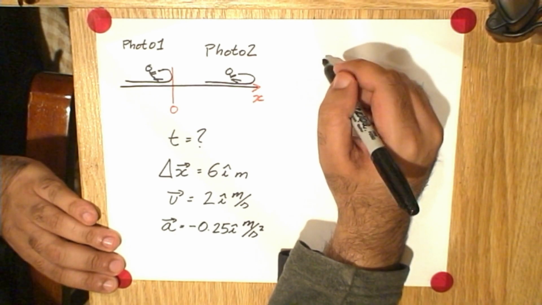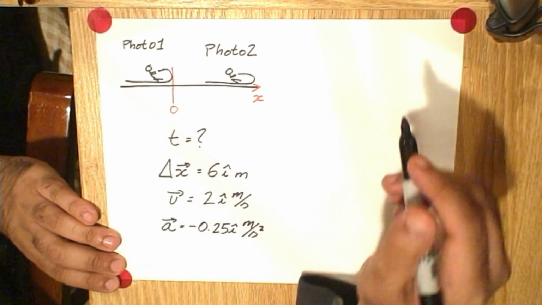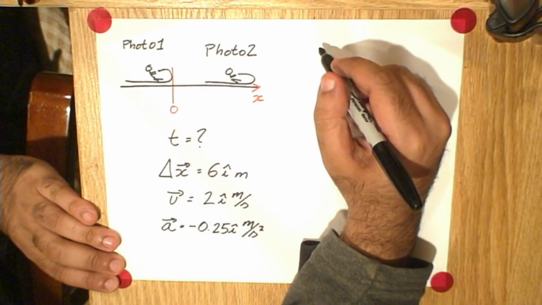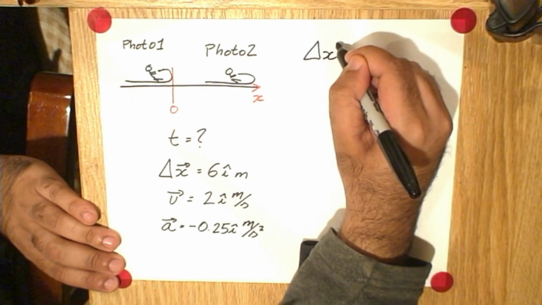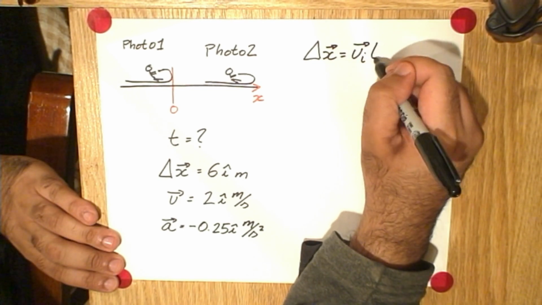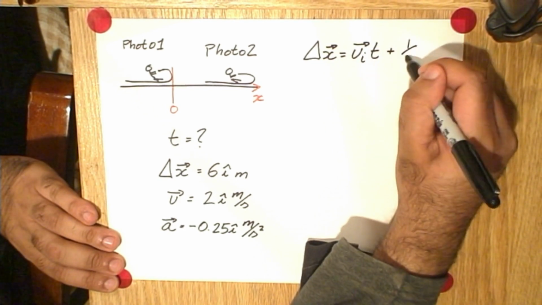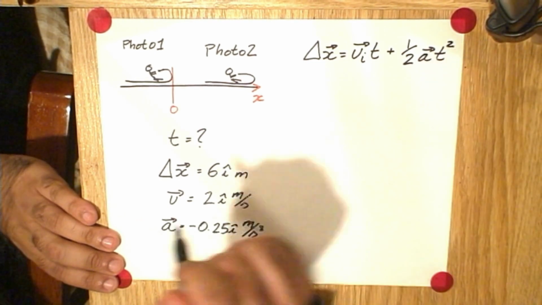The only equation that weaves together all 4 of these quantities is toolbox equation number 2, which reads like this. Delta x is equal to v initial times t plus 1/2 acceleration times time squared.